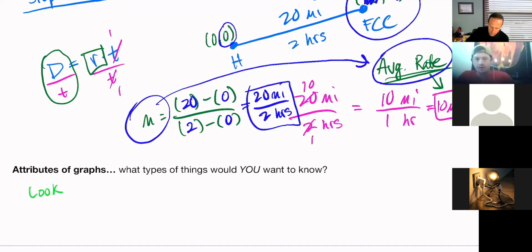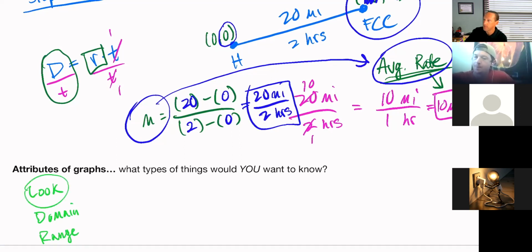So the whole look of it. Domain, range. What else? What about the look of it? Not just a couple points. How about any specific points that you guys might want to know about? The midline.